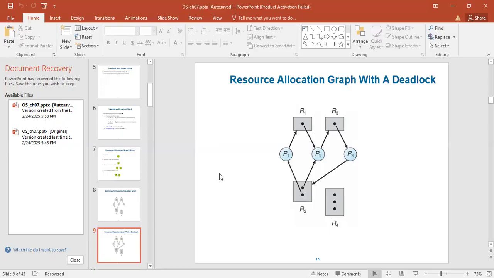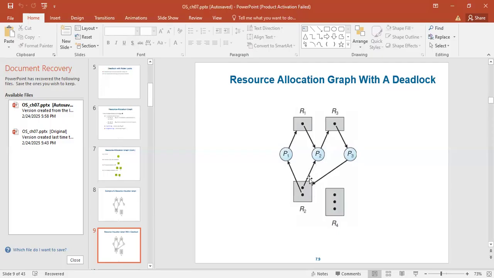For example, here P1 is requesting R1, R1 is assigned to P2, P2 is requesting R3, R3 is assigned to P3, P3 is requesting R2, and the two instances of R2 are already assigned independently to P1 and P2. Only if P1 frees its resource can it be allocated to P3, which in turn leads to deadlock.